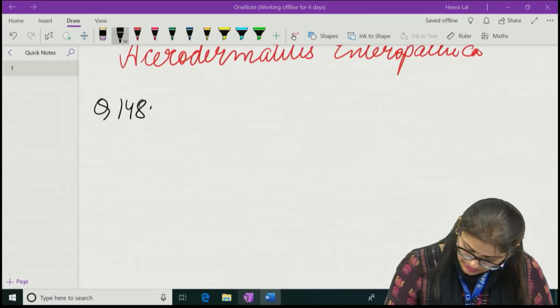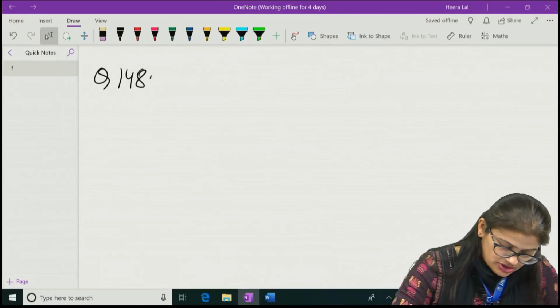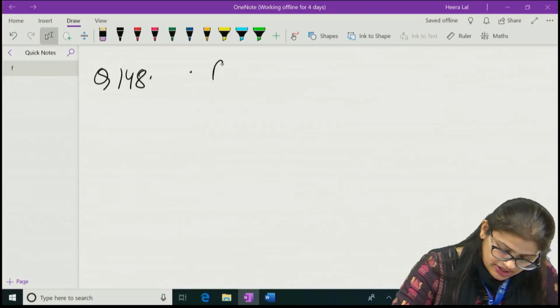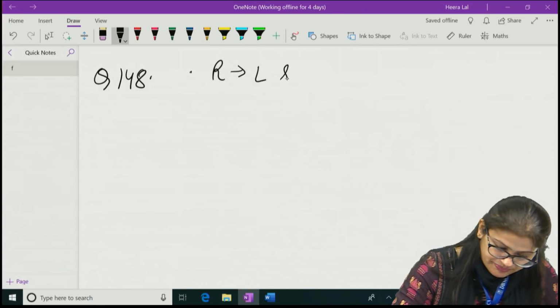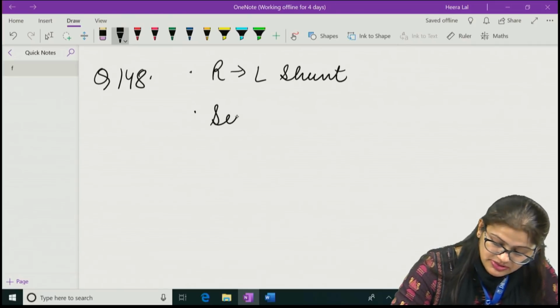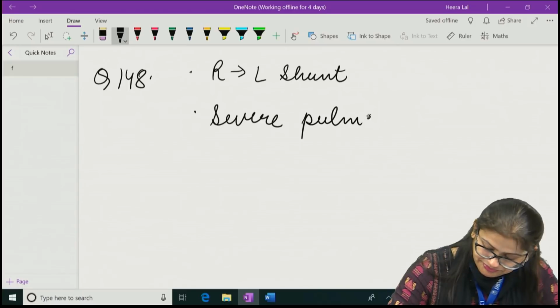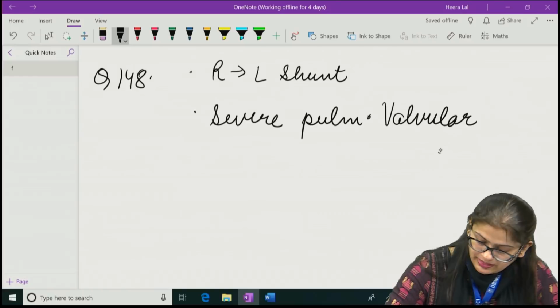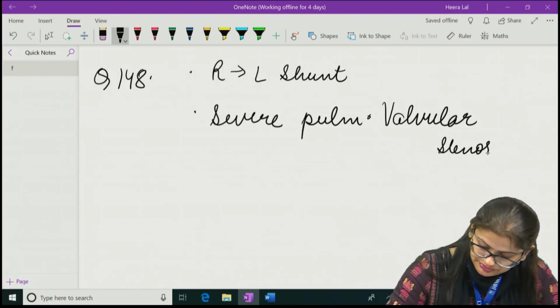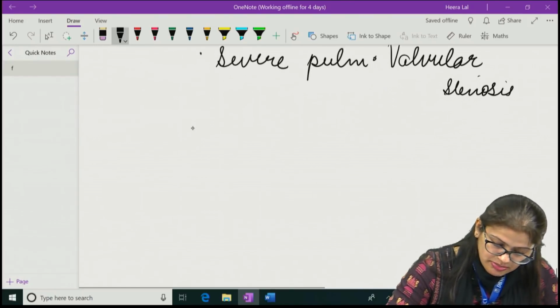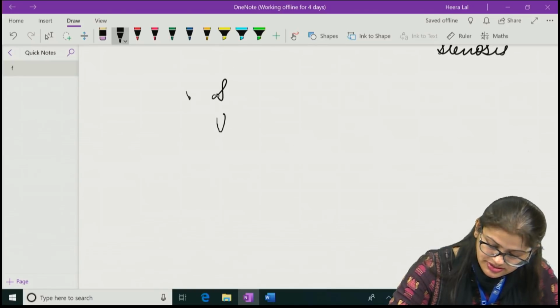So, question number 148, the options are A, right to left shunt, severe pulmonary valvular stenosis, subvalvular pulmonary stenosis.